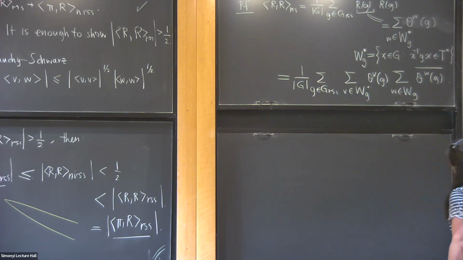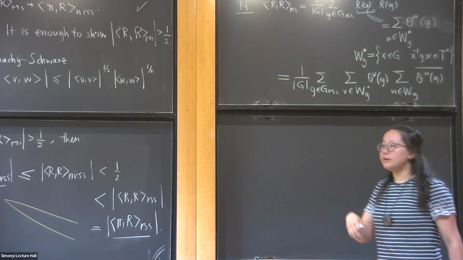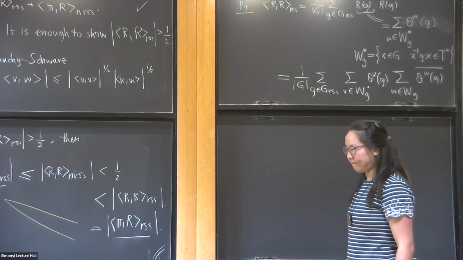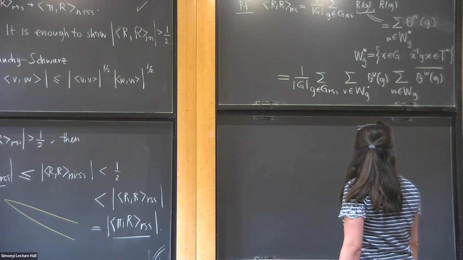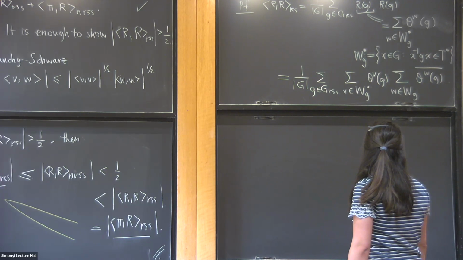Can I just ask a question? Yes. If this R of G is just theta plus theta inverse of G, it's not like this whole sum?